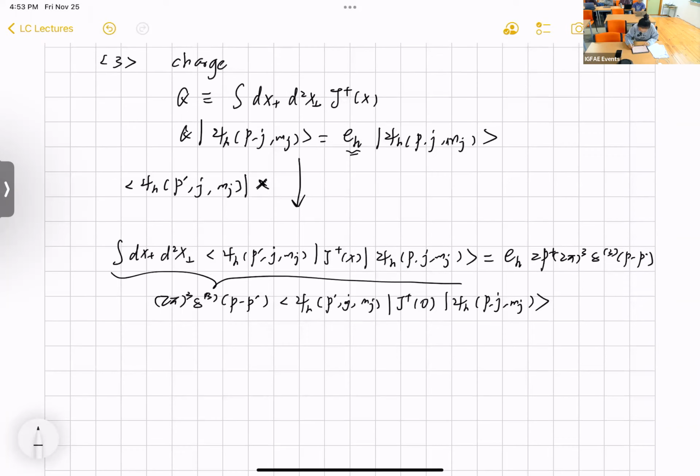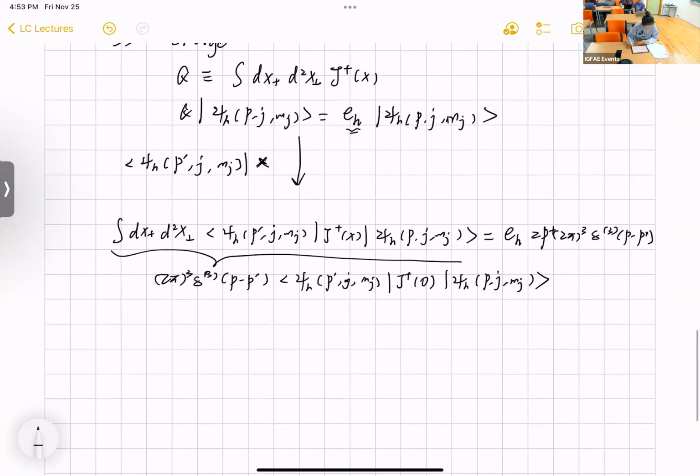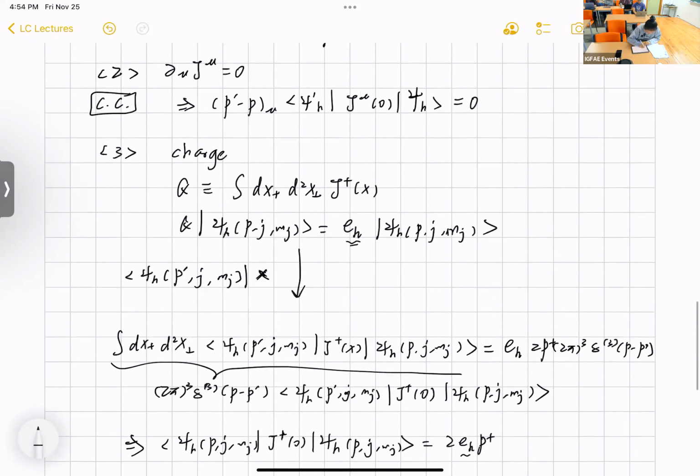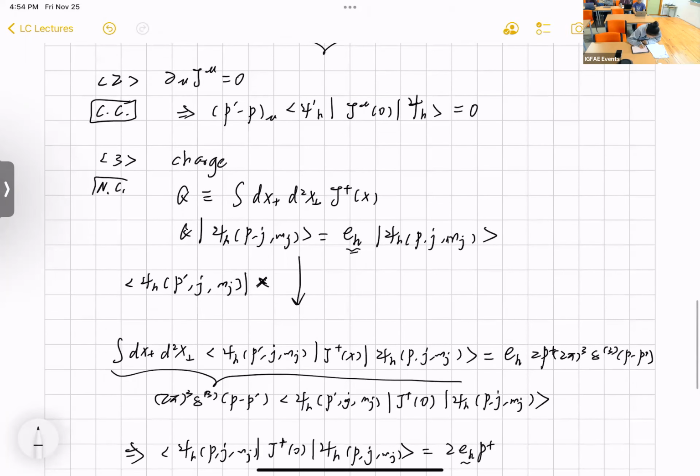So you can integrate over the p prime, and what is left? Now I have the same p on both sides, the same state. This is a normalization condition of the J plus current. So it's equal to 2p plus times the charge of the state. Let's refer to this as the normalization condition.